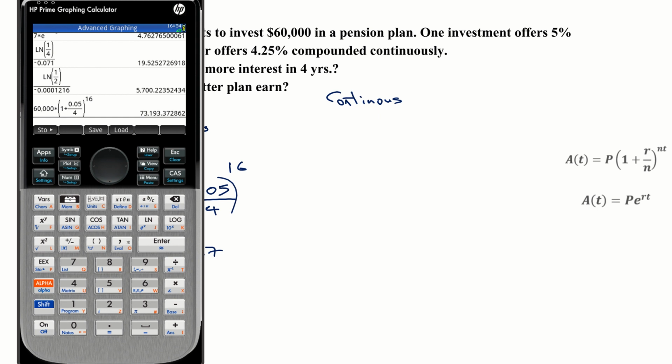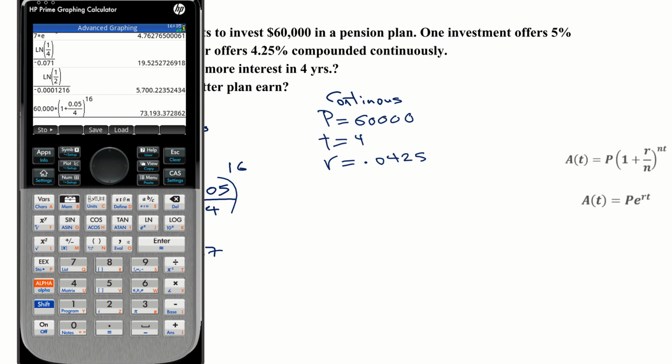Now we'll go ahead and compute the continuous case, which is offering 4.25% compounded continuously. Same initial amount or present value, 60,000, and same number of years, but r is different. Remember, move the decimal 2 to the left and remove the percent, so 0.0425.